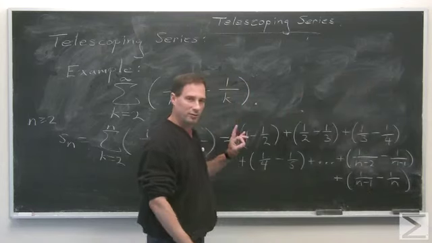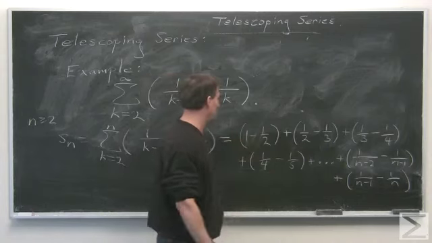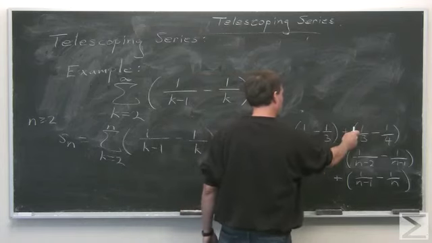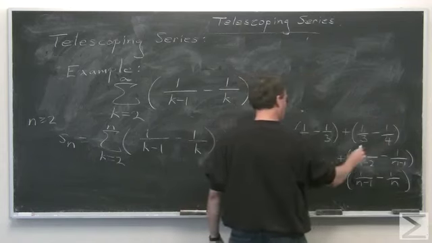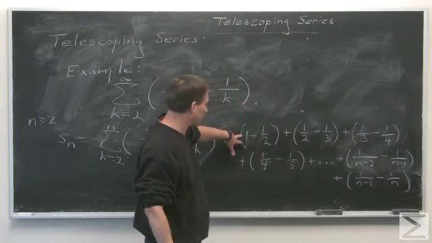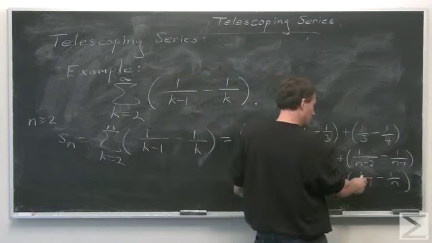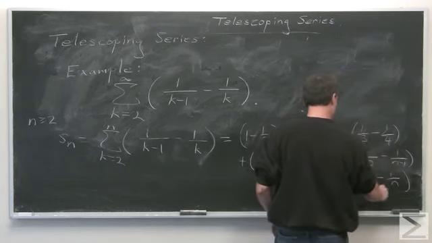Well, if you look and you think about it for a second, you'll see there's minus a half and plus a half. Well, those cancel. There's minus a third, there's plus a third. Those cancel. There's minus a fourth, there's plus a fourth. Those cancel. And everything keeps canceling. Nothing cancels this first one. And you keep going, and you see that, okay, the minus 1 over n minus 1, that'll cancel with the plus 1 over n minus 1.